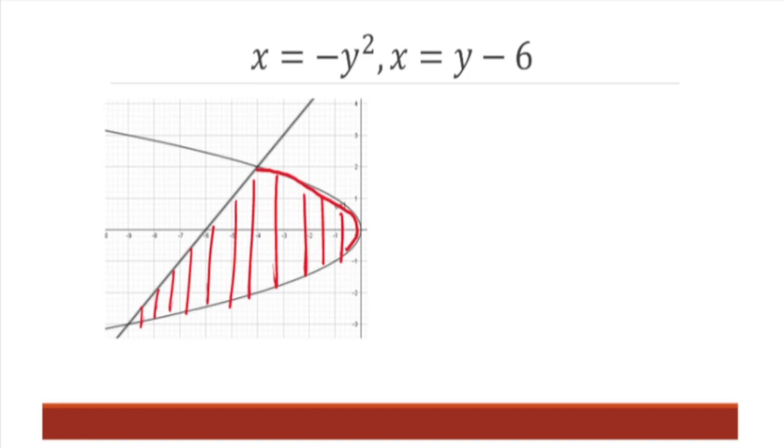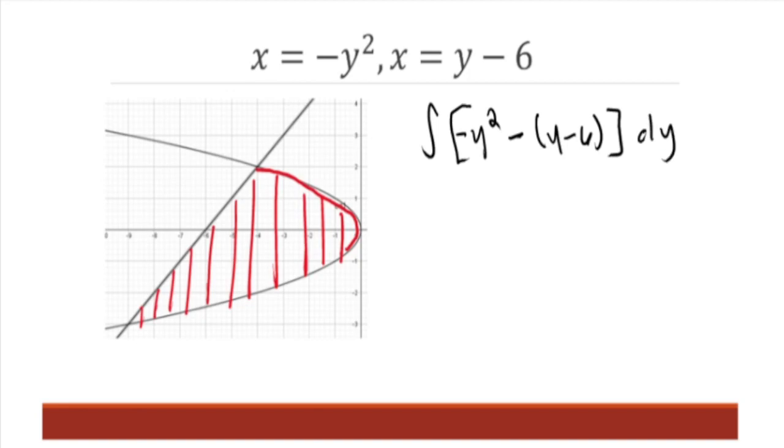Okay? So, integral of negative y squared minus y minus 6 dy, and get the bounds of integration.